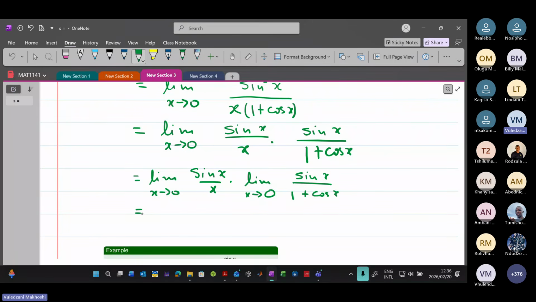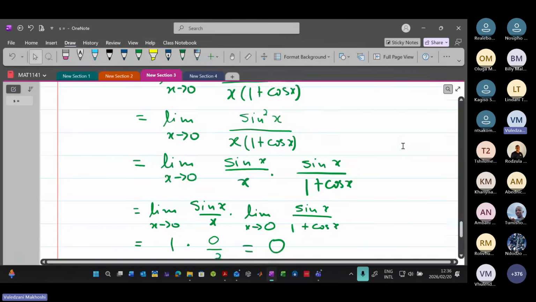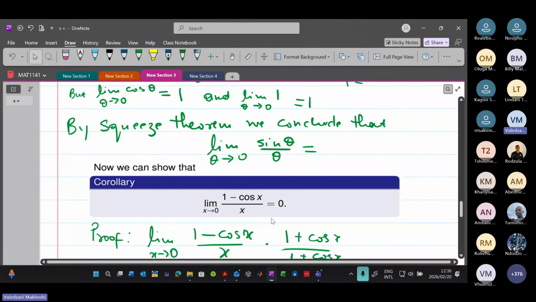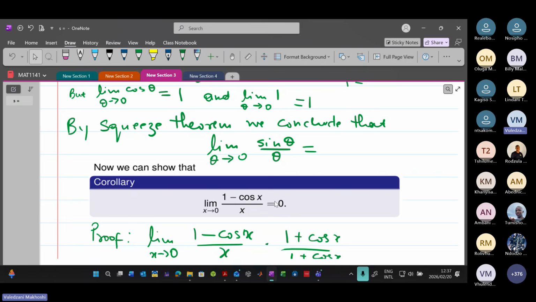And we have just shown that the limit of sine x over x when x approaches 0 is 1. And then the limit of sine x over 1 plus cos x is 0 over 2, which is 0. So we are saying that the limit of 1 minus cosine of x over x when x approaches 0 is equal to 0.